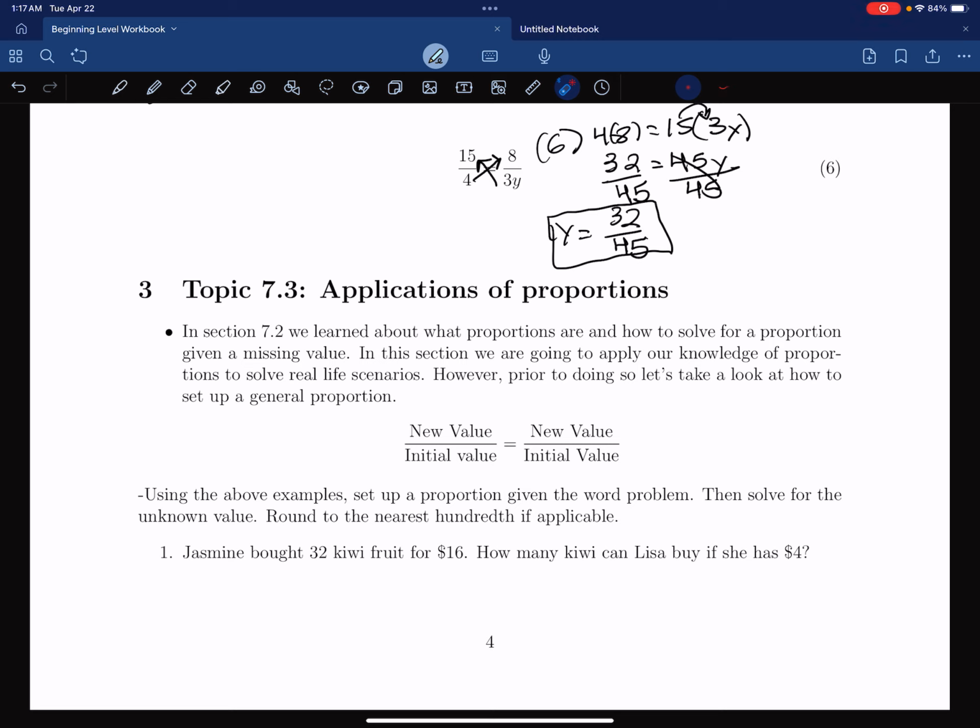So that's a little bit confusing when I talk about it, but it'll begin to make a lot more sense once we go through some examples.